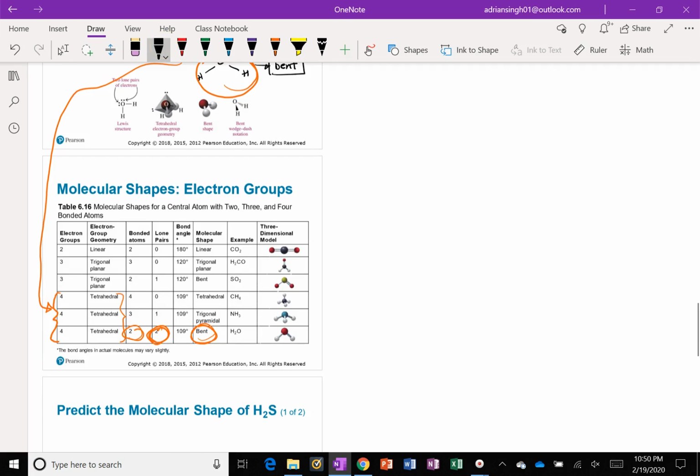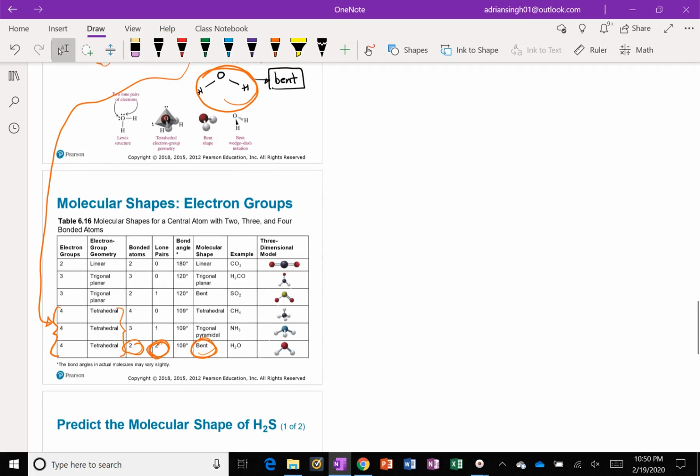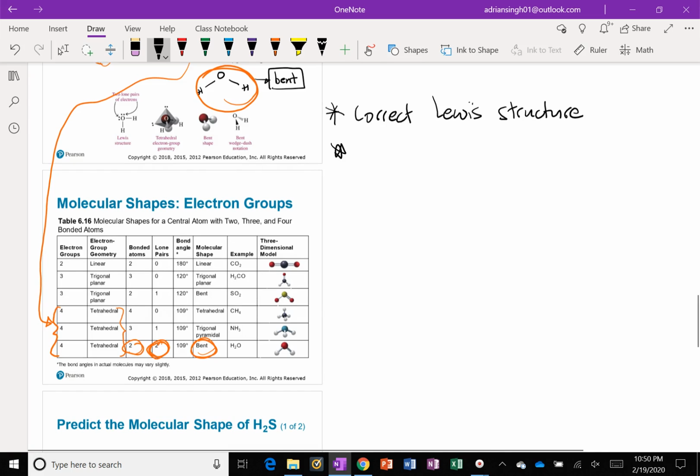So to summarize, when it comes to determining the molecular shapes, the first thing that you need to do is to come up with the correct Lewis structure. Then we're going to look at the central atom. And we're going to ask ourselves how many electron groups are around it.